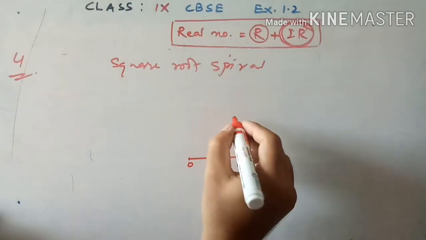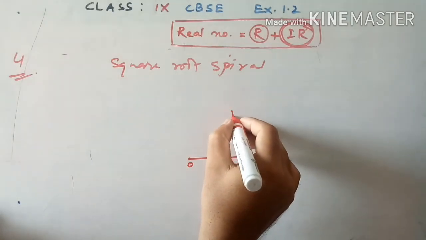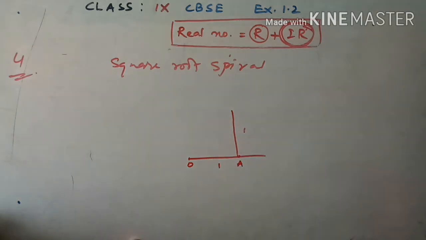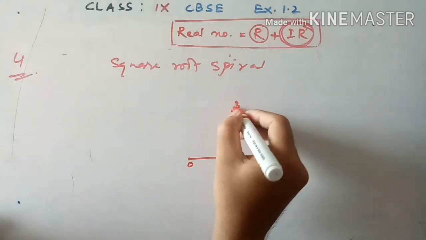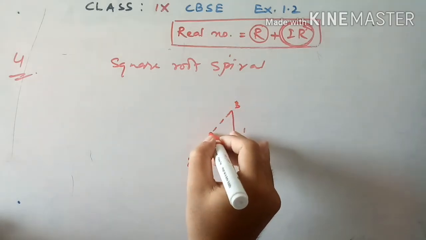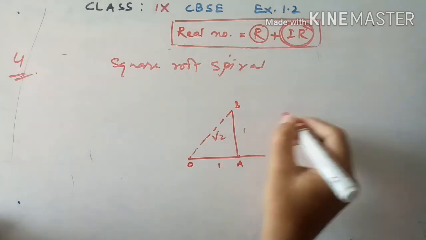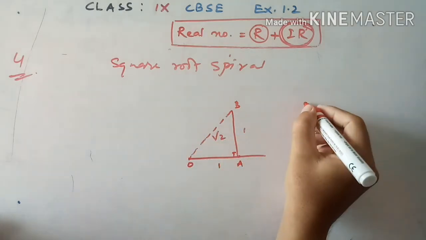Then draw one perpendicular line here. This also will be 1 unit. Then join this. If you join this, you will get root 2 by using the Pythagoras theorem.